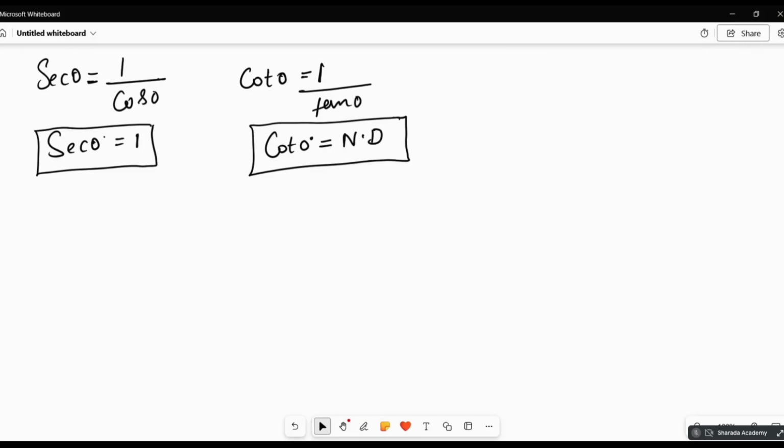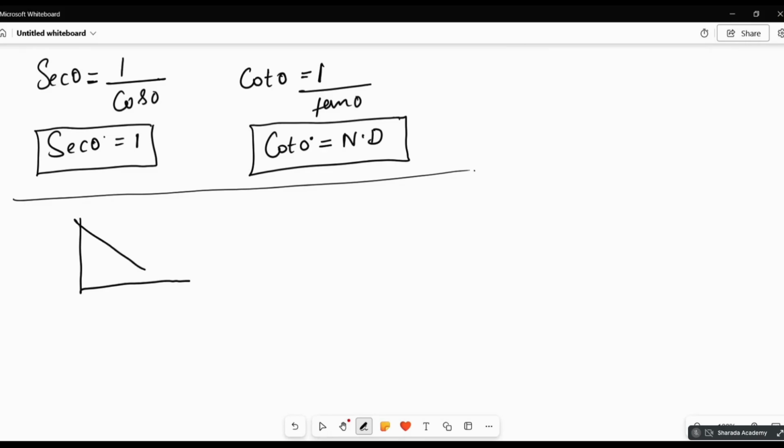Then now we will try to find the values for 90 degree. Okay. So if I consider one triangle here, this angle B is 90 degree. This I will take as angle A and this is C. With respect to A, I am trying to find the ratios. Now, how to increase the A value?